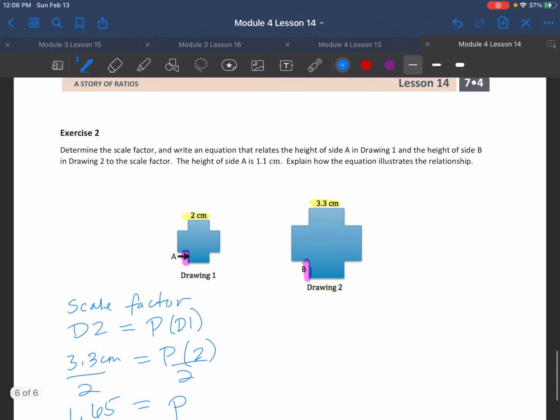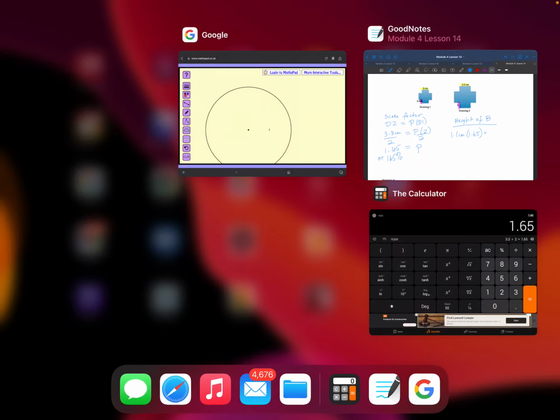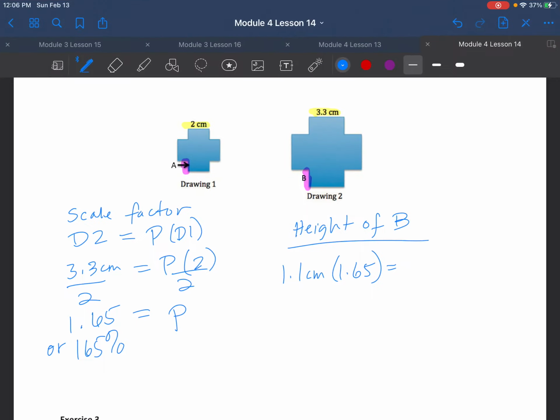Okay, so divide both sides by 2. 3.3 divided by 2, I feel like I should be able to do that in my head, but I can't right now. 1.65, or 165% increase, right? That's what that means. So now we're going to take that information, and now we can find the height of B. Okay? 1.1 centimeters times 1.65.